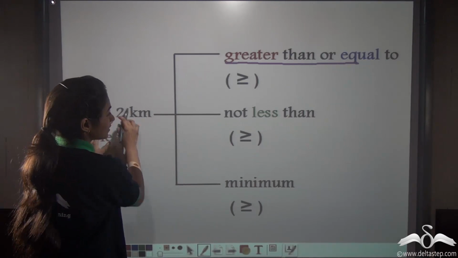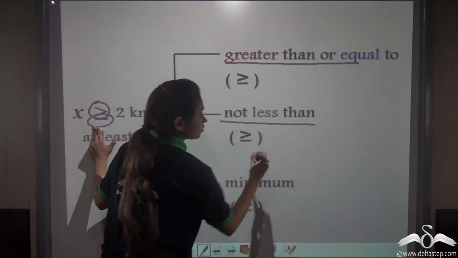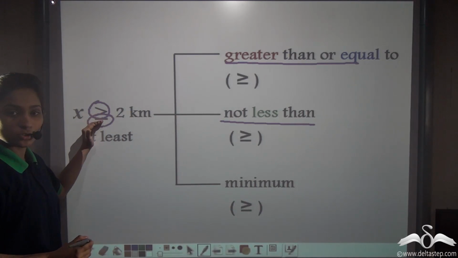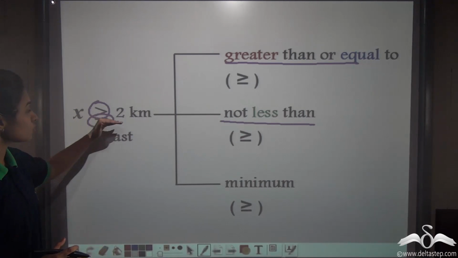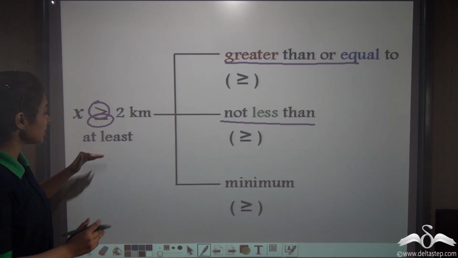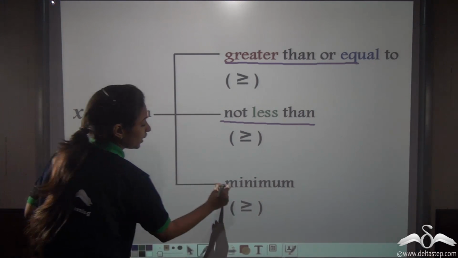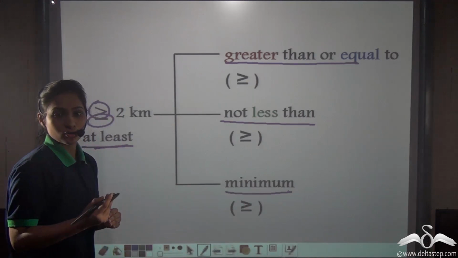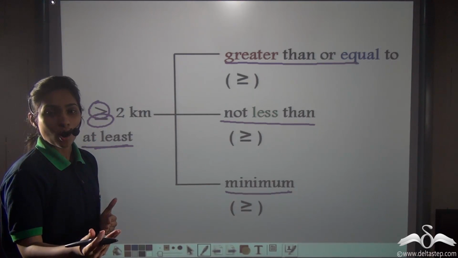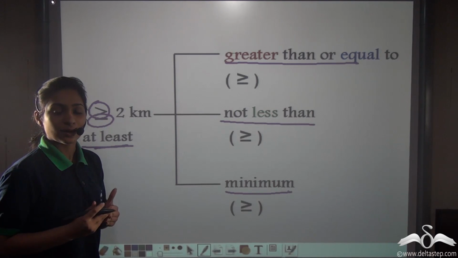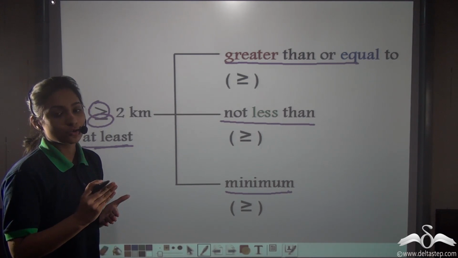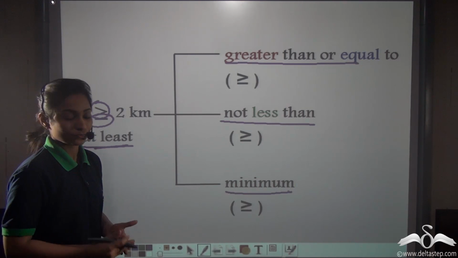So this can be represented as not less than also. So greater than or equal to, but definitely not less than. Now this also means minimum. At least also means minimum. So he could also say in simple words that your house is minimum 2 kilometers from my house. That means 2 or more than 2 but not less than 2.